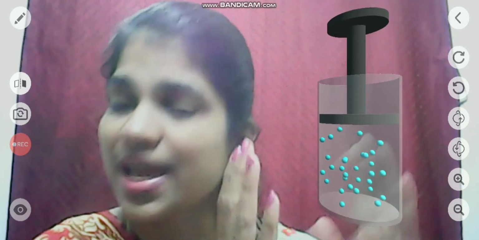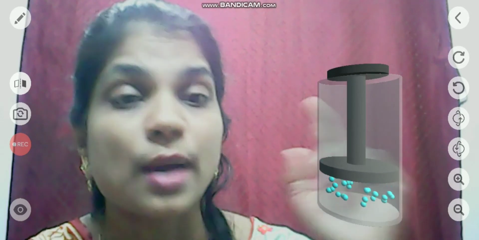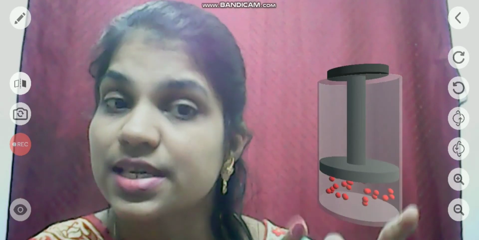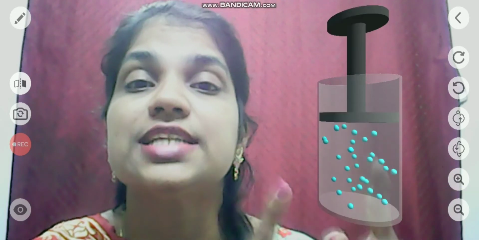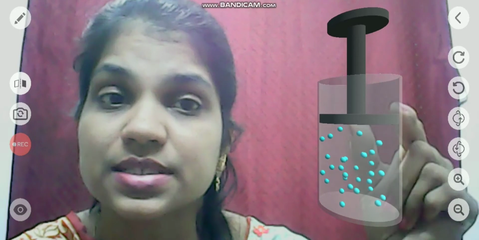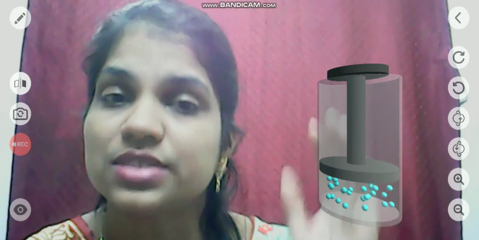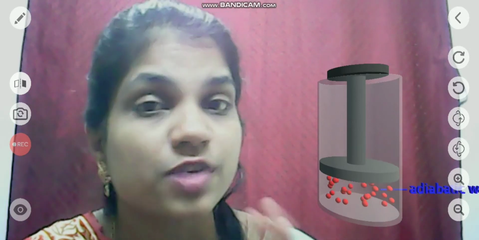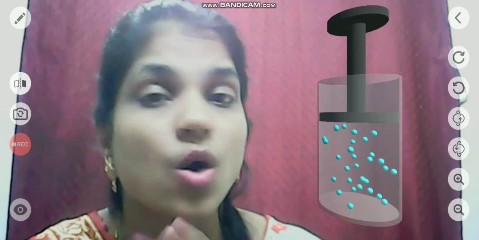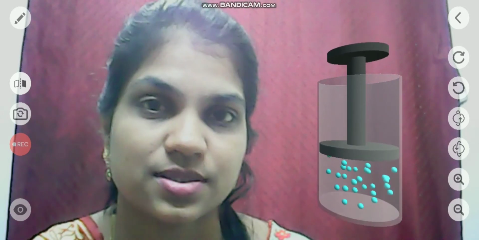Again we have a cylinder fitted with a piston, but the walls here are not conducting, they are insulating walls. The piston is also an insulated piston. This is done so that there is no loss of heat from the system to the surrounding, or gain of heat from the surrounding to the system.